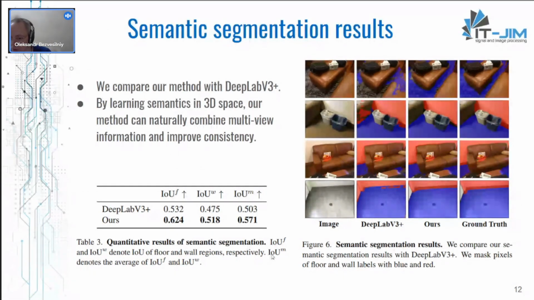And here they illustrate the improvement of semantic segmentation with their losses. So they perform additional semantic segmentation in 3D space, not just as the initial network gives two-dimensional segmentation, but they combine three-dimensional geometry with semantic segmentation to improve.